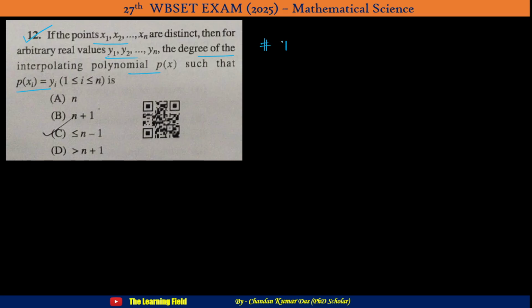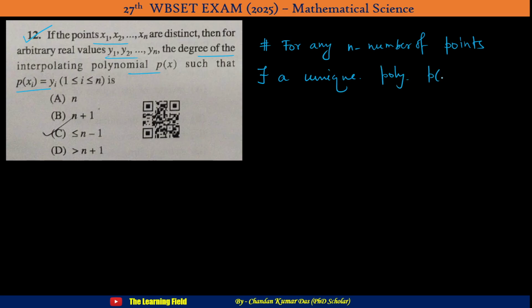Remember this statement: for any n number of points, there exists a unique polynomial, suppose P(x), of degree at most n minus 1.